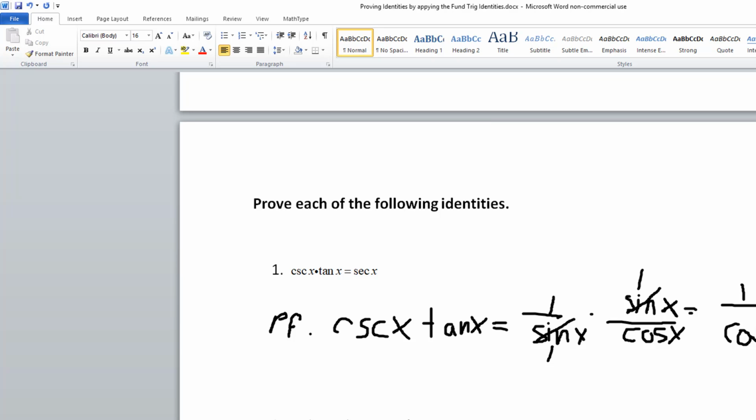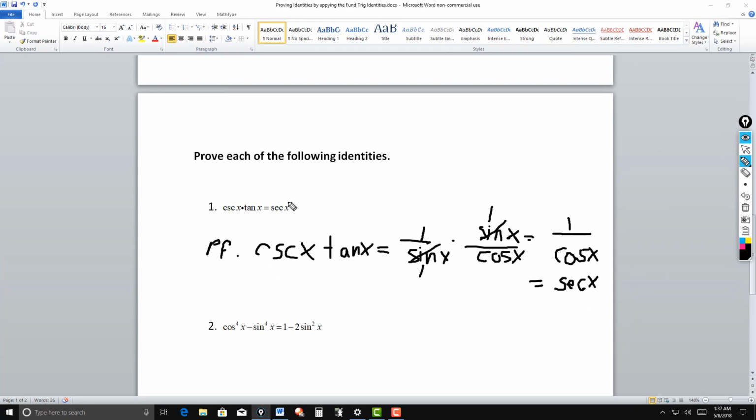And then of course we know from the basic identities that I went through last time and showed you today that 1 over cosine is secant. Because I know that secant of x is 1 over cosine, if I can come up with 1 over cosine, I've got the answer.